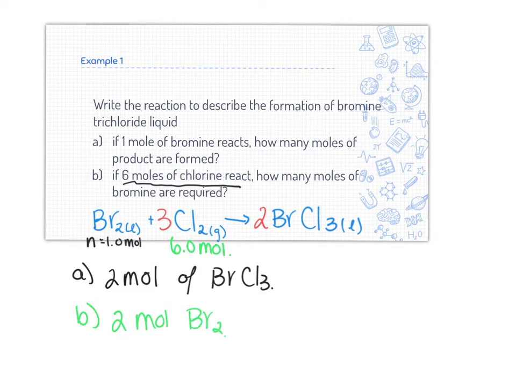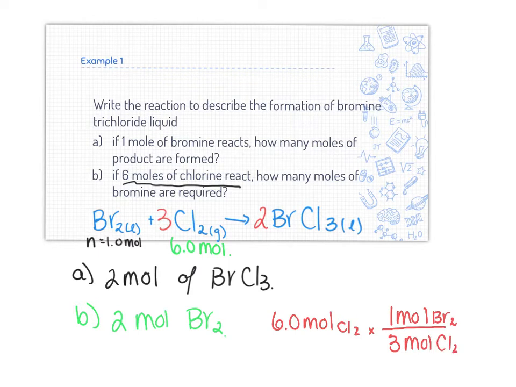Now, what we can do for this is we can write a ratio. So I could have said for this question, I am going to react 6 moles of chlorine. Now, 1 mole of bromine is required to react with 3 moles of chlorine.